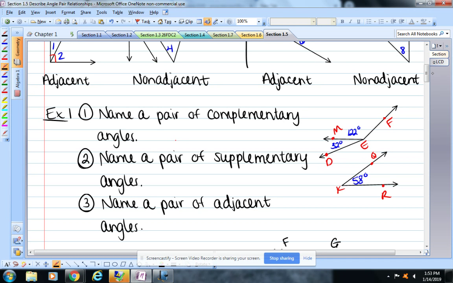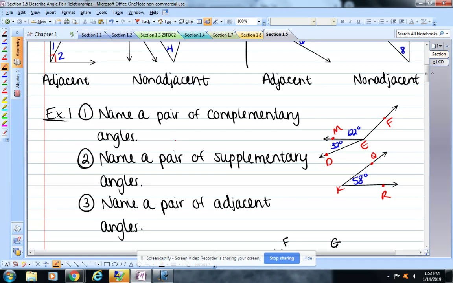So we're going to look at this figure and find a pair that are complementary. Now what does complementary mean? It's just right there on your paper. They add to be 90 degrees. Obviously MEF is not adding with anything to be 90 degrees because it by itself is already bigger than 90 degrees.